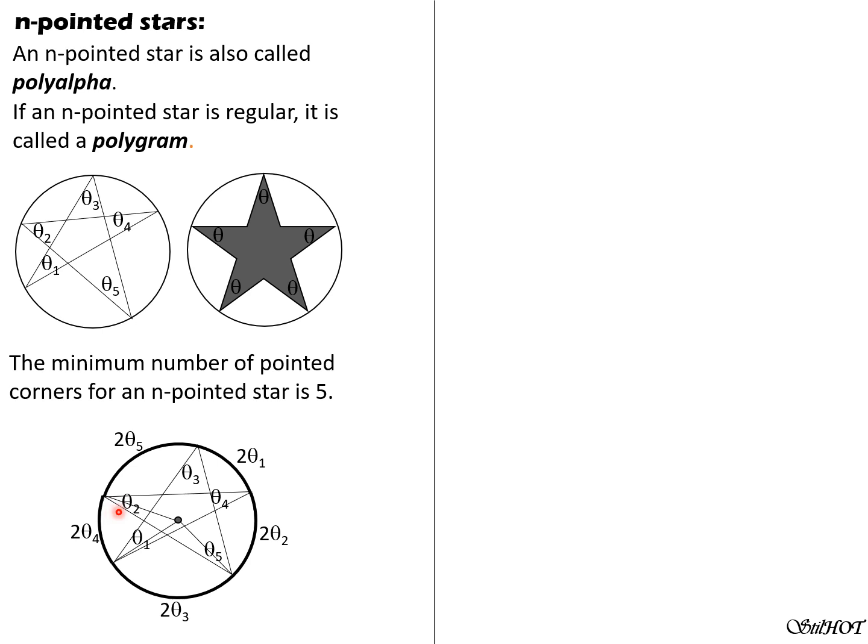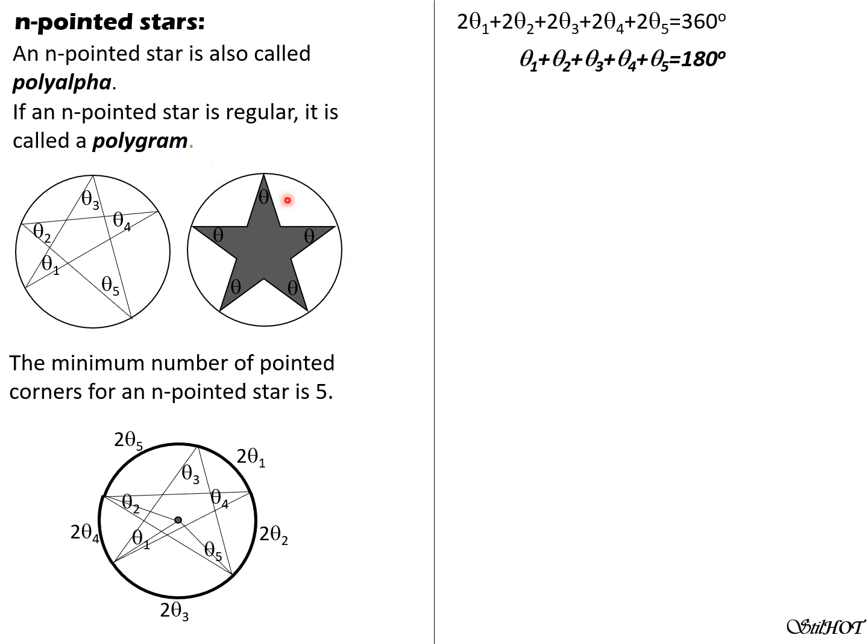Therefore, the sum of 2 theta 1, plus 2 theta 2, plus 2 theta 3, plus 2 theta 4, plus 2 theta 5, in general 2 theta n, is 360 degrees. After we divide by 2, we conclude that the sum of the interior angles of an n-pointed star or polyalpha is 180 degrees.